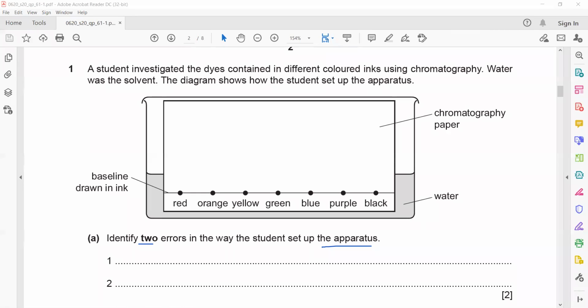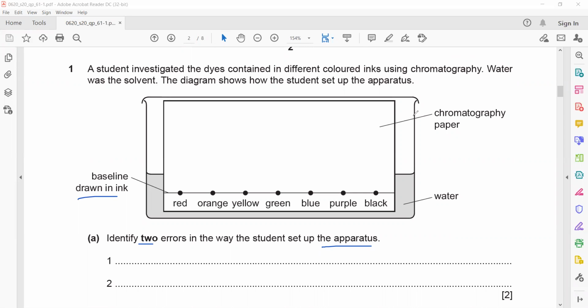So the chromatogram is submerged in the solvent, or water. That is one thing. And the second one, the baseline is drawn in ink, like he used an ink pen to draw this.